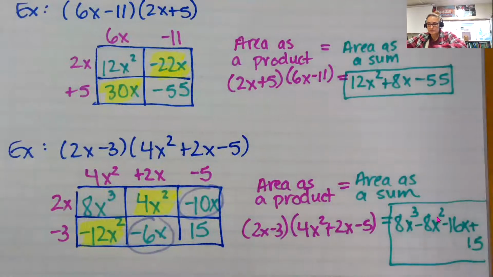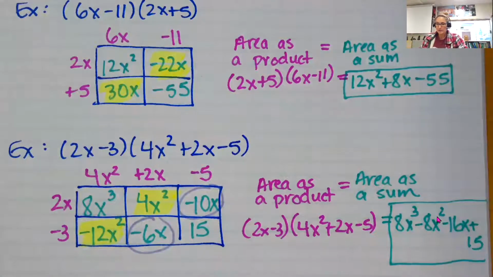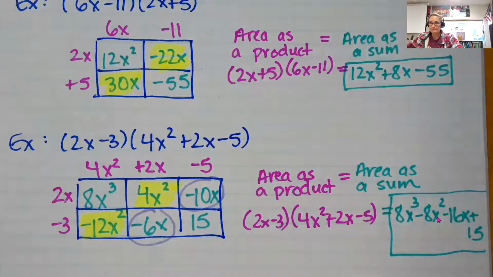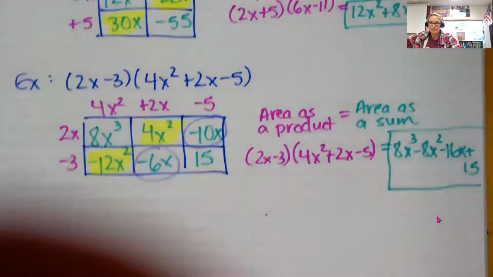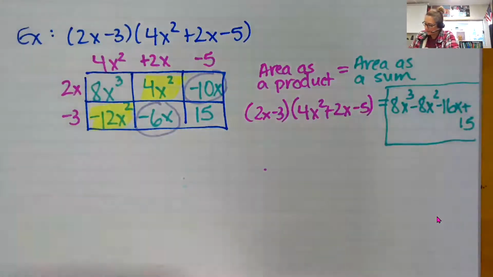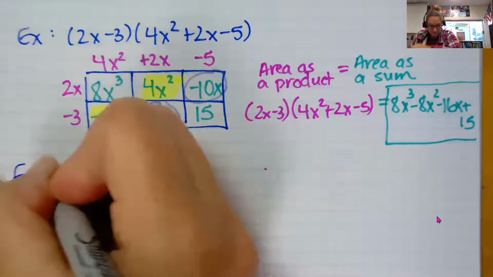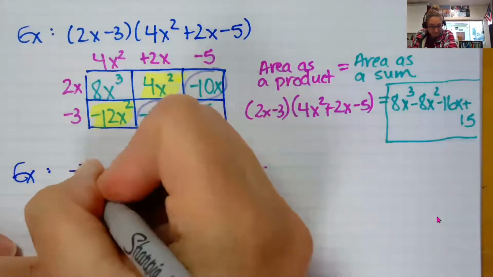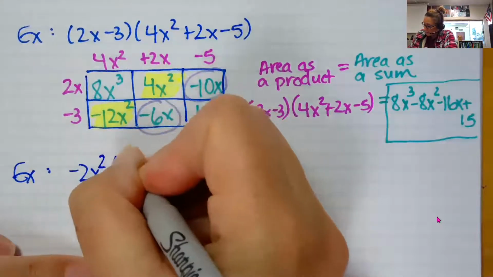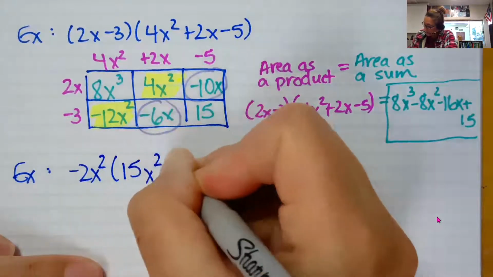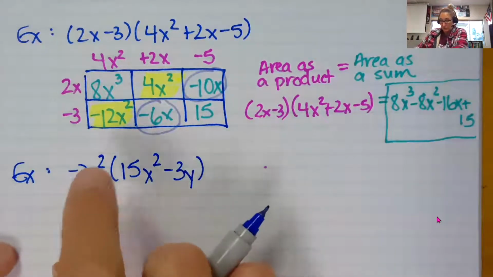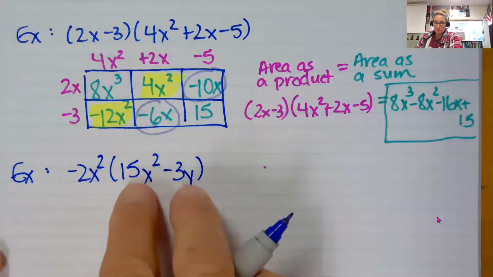And last example. This one's going to have some x's and y's in it. So let's say for this example, we have negative 2x squared times 15x squared minus 3y. So in this case, I have a monomial, single term, times a binomial.